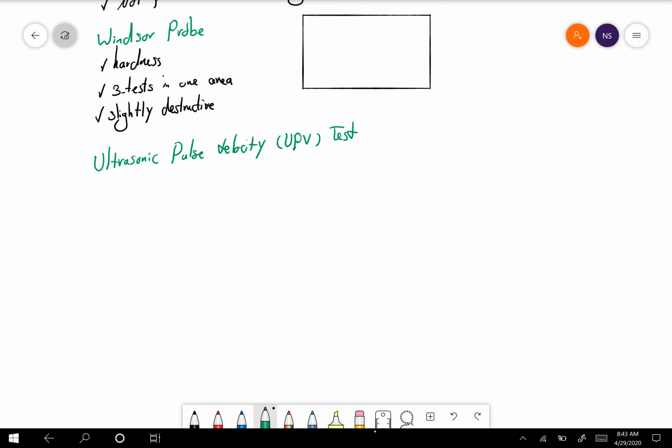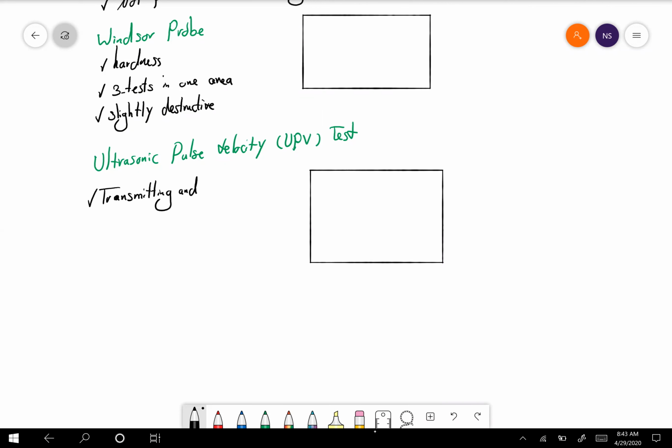So this device, I'm going to again show a schematic of it here, and it's transmitting and receiving ultrasonic pulses.